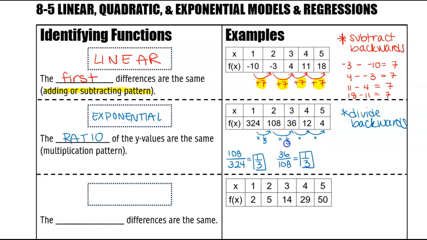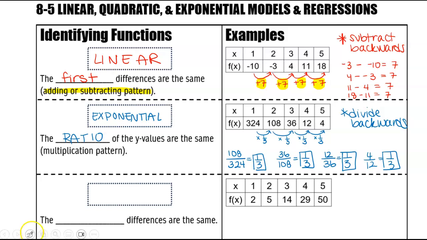So we can see a pattern developing here. If I divide backwards for all of these y values, I get a multiplication pattern. There are other ways to show this. You could also use multiplication to show that it's going from one to the next, but dividing backwards also works.